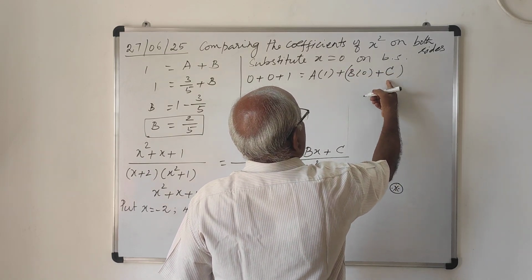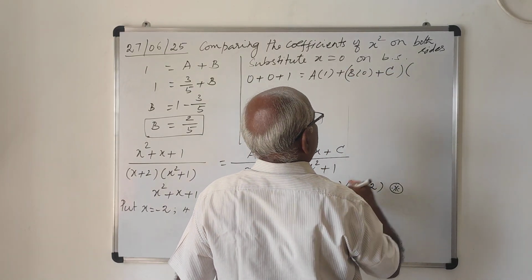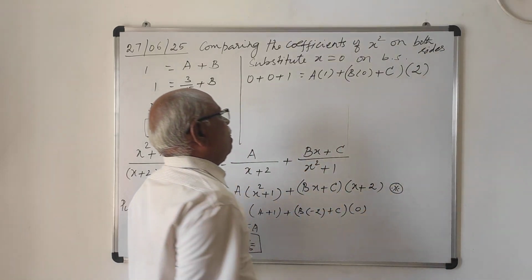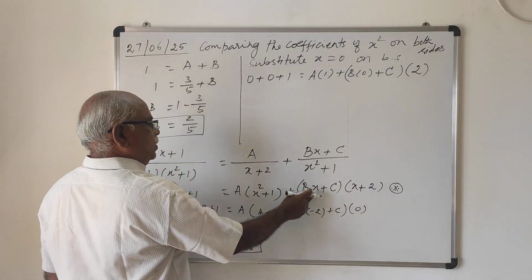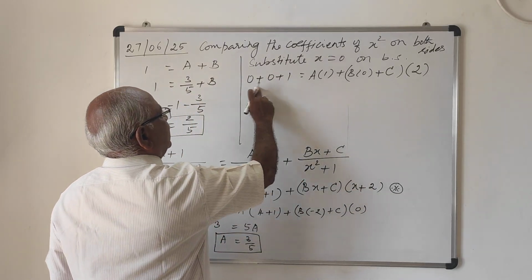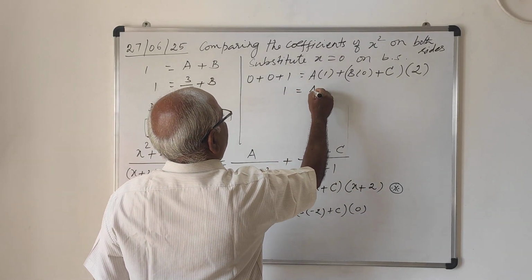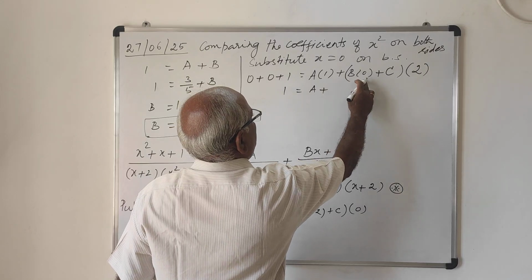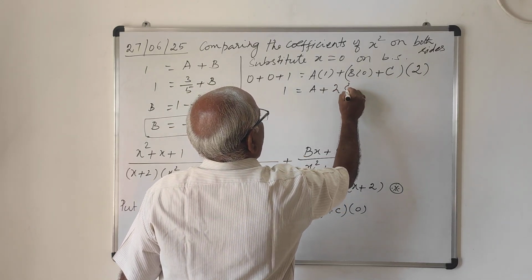With x equal to 0, 0 into b is 0, 0 plus 2 is 2, so 2c only. Here you will get 1 equal to a plus b into 0, 0 plus 2c.